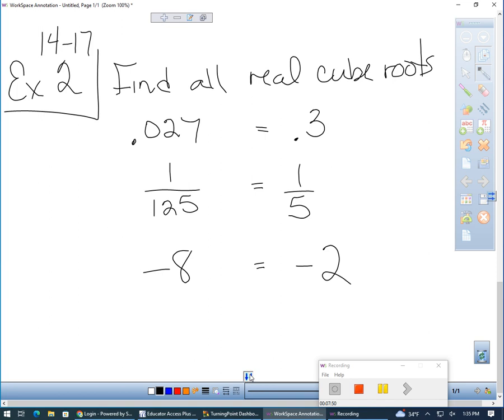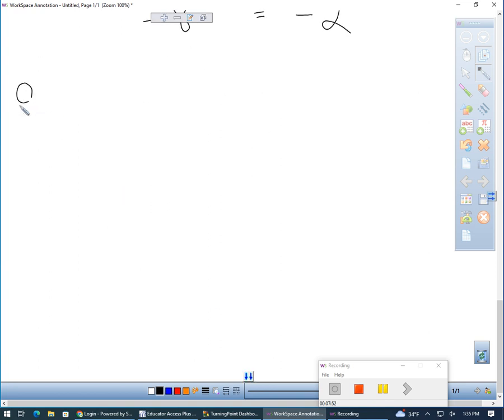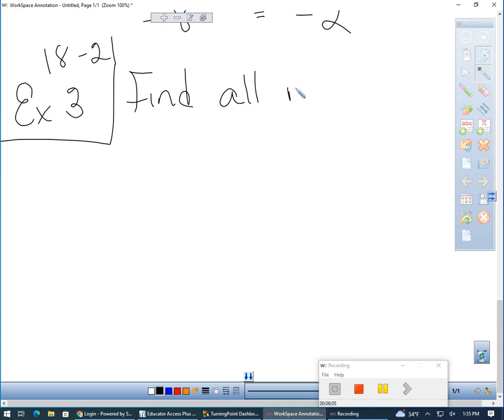Example number 3. This is going to cover your 18 through 21. Find all real 4th roots.